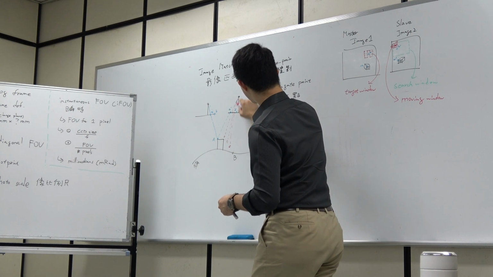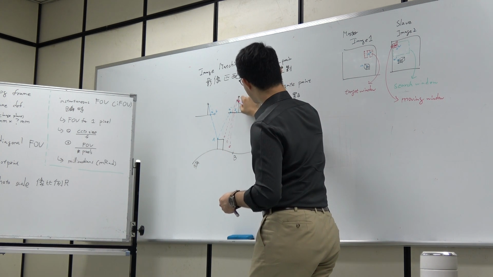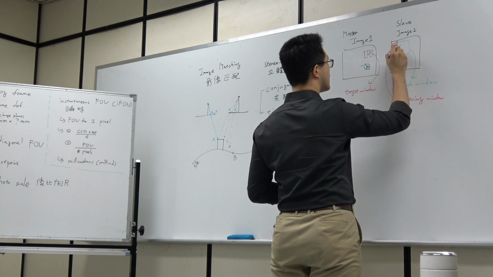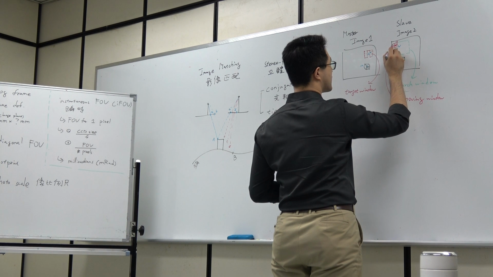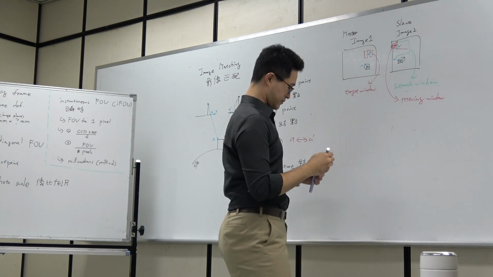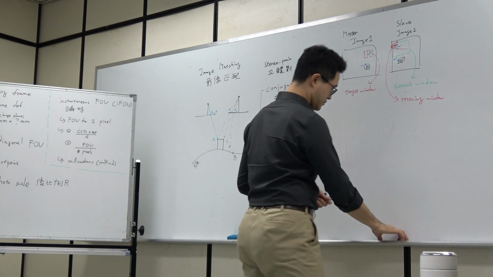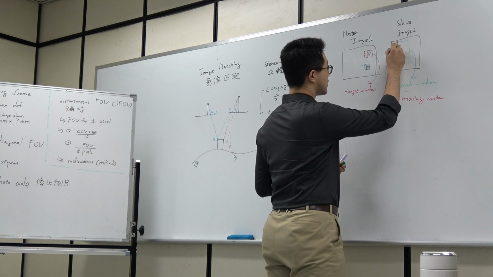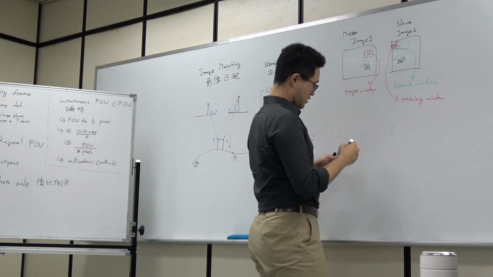And then you can reproject it to the slave image, and then they will form a line. For example, maybe, let me just randomly draw it. Maybe it's a certain line over here. I should use the green. Alright.